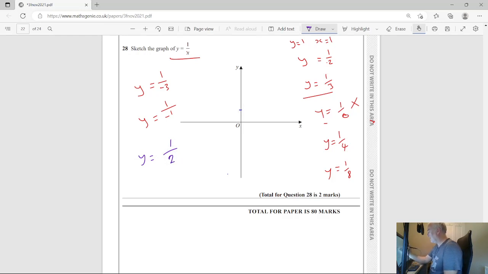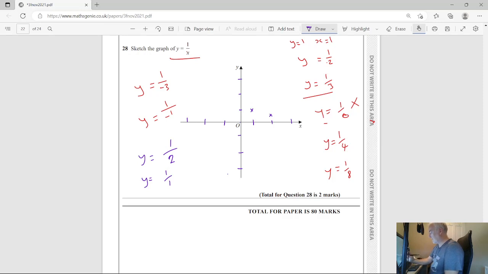Let's say we've got 1, 2, 3, minus 1, minus 2, minus 3, and 1, 2, 3 on the y-axis. So when x equals 2, y equals a half. That point there. What about when x equals 1? When x equals 1, y equals 1. We've got that point there.